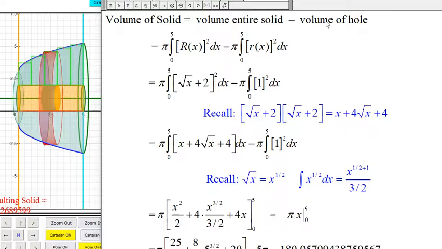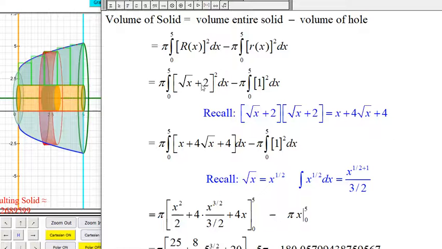Then the volume of the hole is small r of x squared, and the hole also has x ranging from 0 to 5, so our limits of integration are also from 0 to 5. For the outer radius, it was the square root of x plus 2, and the inner radius, or the radius of the hole, is 1.